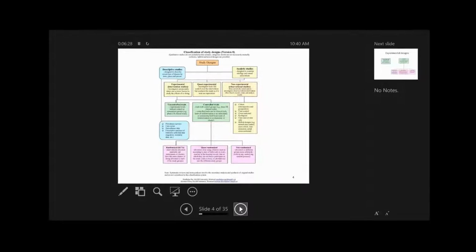Okay? Analytical epi broadly then is grouped into two massive buckets: experimental studies and observational studies. Experimental studies or non-experimental studies, right? Experimental studies, the most fundamental way to consider an experimental study is the researcher is actually experimenting on people, right?